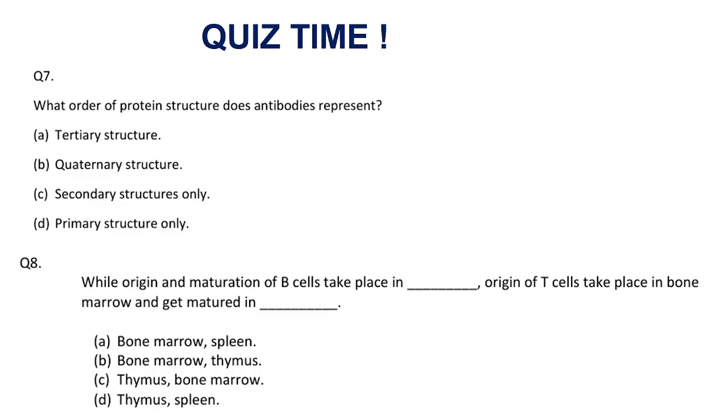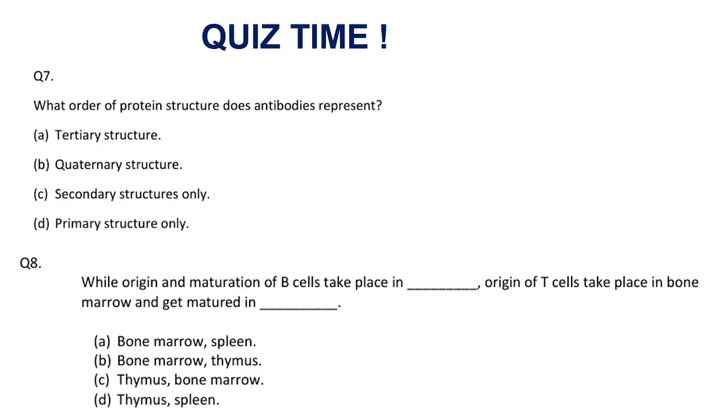So the correct answer is quaternary structure. Most antibodies are complex proteins made of 4 polypeptide chains, 2 identical heavy chains and 2 identical light chains. Because they consist of multiple polypeptide subunits folded together, they are an example of quaternary structure.